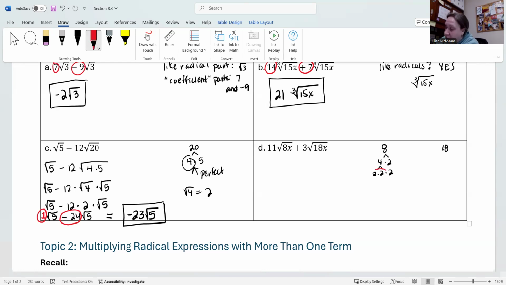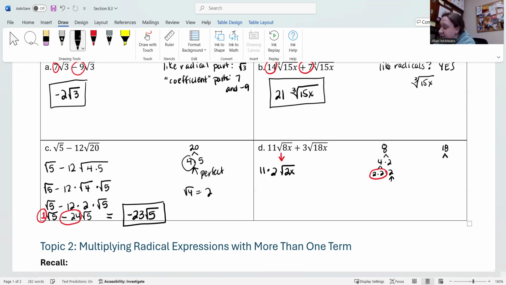I have a pair of identical 2's right here. So that tells me one 2 can come outside the radical. The other 2 has to stay inside the radical. So this is going to become 11 times the 2 that comes outside the radical. And then underneath the radical, this 2 and the x have to stay. That x and the 2 have nothing to pair up with, so they have to stay under the radical.